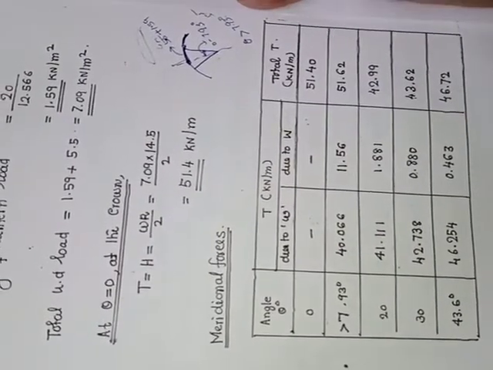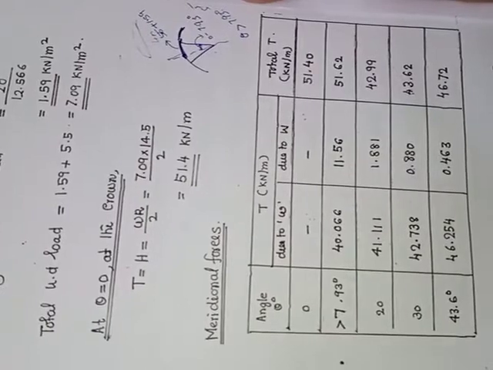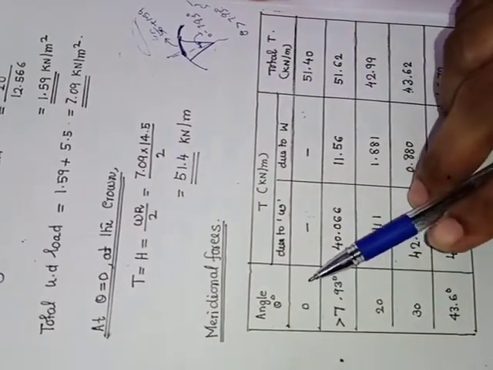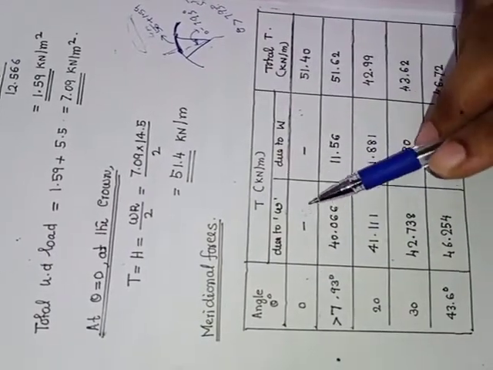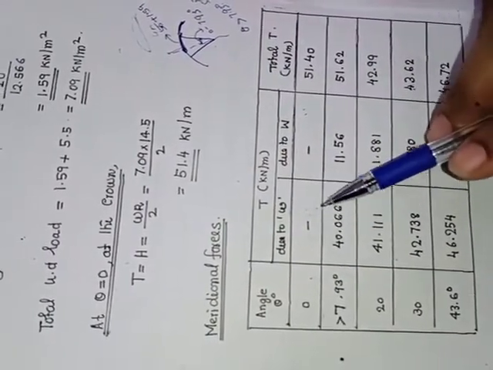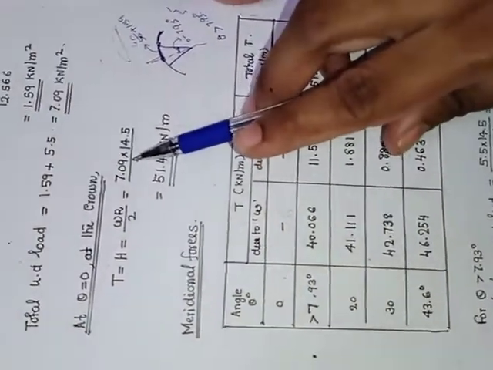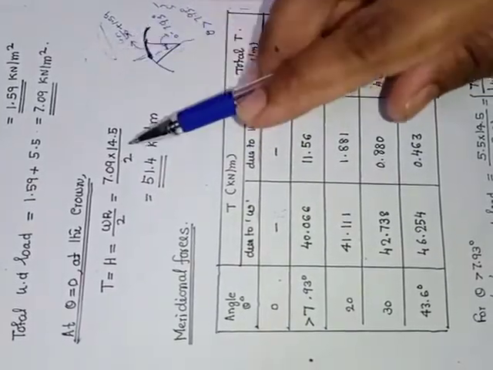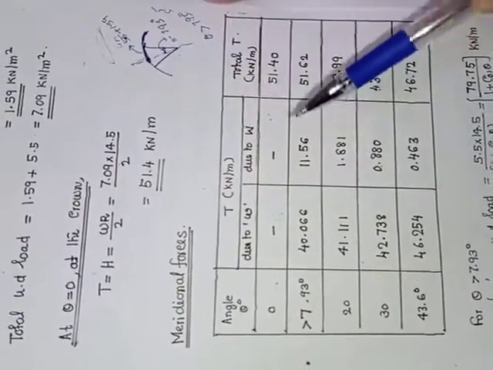So we know both the equations. We will substitute into them and find out the values. For angle theta equal to 0, due to this UDL, the thrust will be 7.09 into 14.5 divided by 2, since we are using the cos theta value.